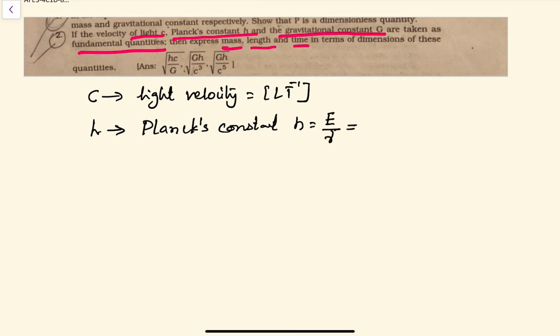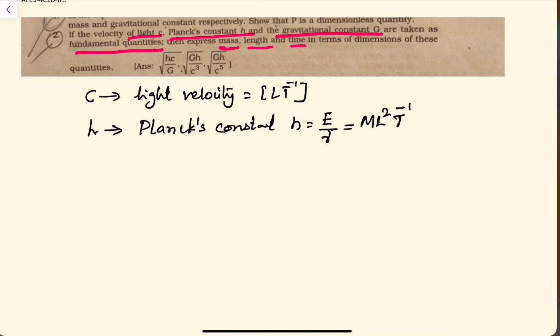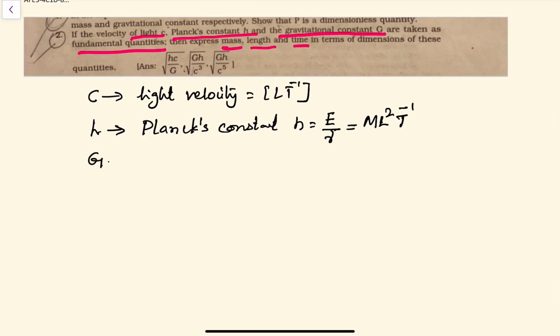If you write it, what is that? M L square T minus 1. Next, the gravitational constant, G is equal to M power minus 1 L cube T power minus 2.